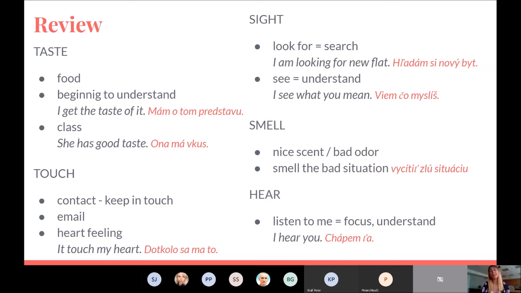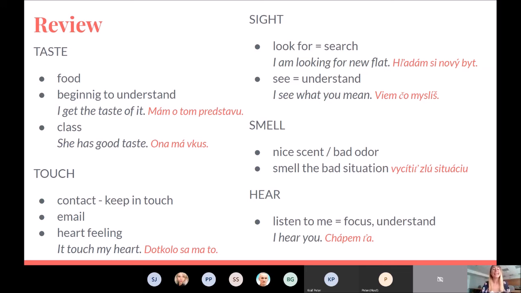But when we talk about bad smell, that's an odor. So that's a good word or vocabulary built for you. And as well, we can smell the bad situation. So you think it's going to be bad. So I smell the bad situation, or I smell the problem, for example.